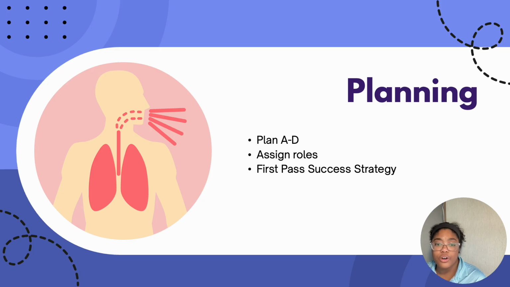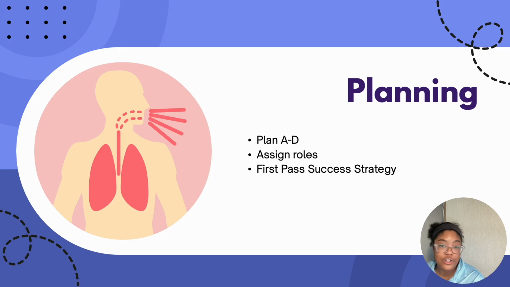So all these things, having an idea of what you might need to do before you need to do it, is definitely going to help you set yourself up for success. In addition to considering what interventions you need to be doing and having a set plan for how you're going to do it, you also want to make sure that you're communicating really well with the other members of your crew or your team, making sure that you're assigning roles and who knows what they're doing when it comes time to actually perform the interventions.